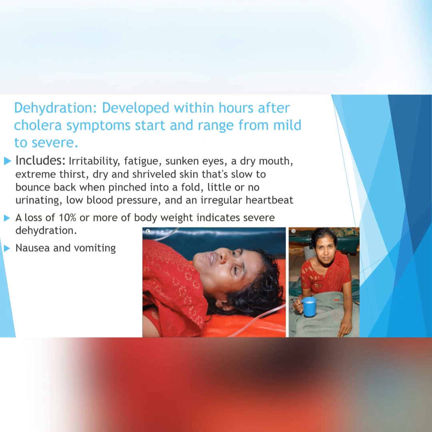Now we're going to talk about dehydration, which develops within hours after cholera symptoms start and ranges from mild to severe. It includes irritability, fatigue, sunken eyes, a dry mouth, extreme thirst, dry and shriveled skin that's slow to bounce back when pinched into a fold, little or no urinating, very low blood pressure, and an irregular heartbeat, which is either too fast or too slow.